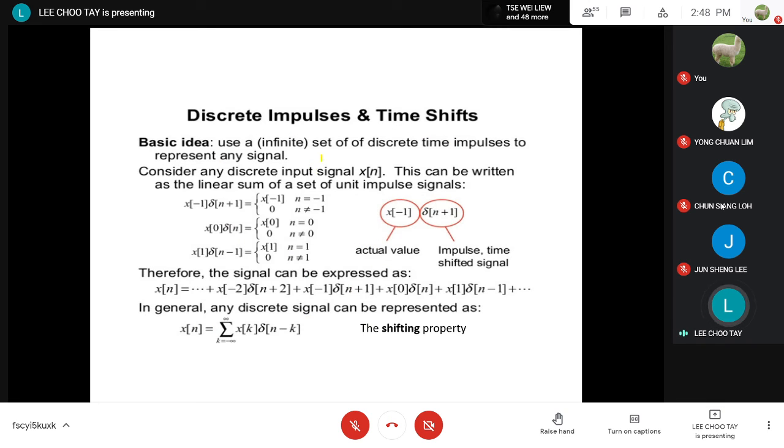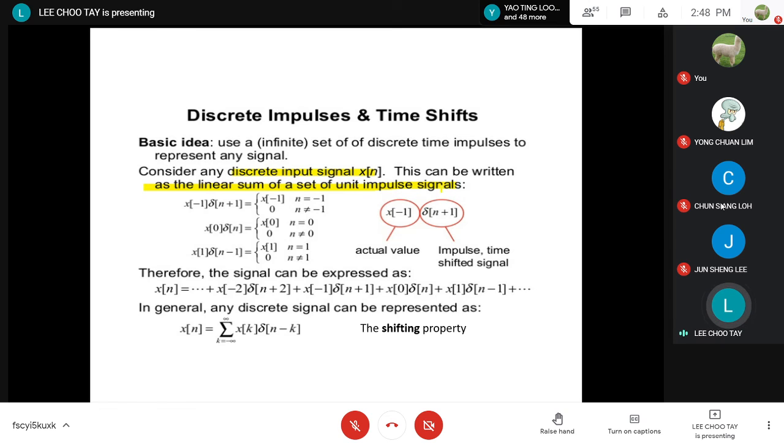So let's take a look at how we actually come up with the convolution theory as far as our signals are concerned. Now I'm going to use a set of discrete input signal x[n], and I write this x[n] as a linear sum of a set of impulse signals.